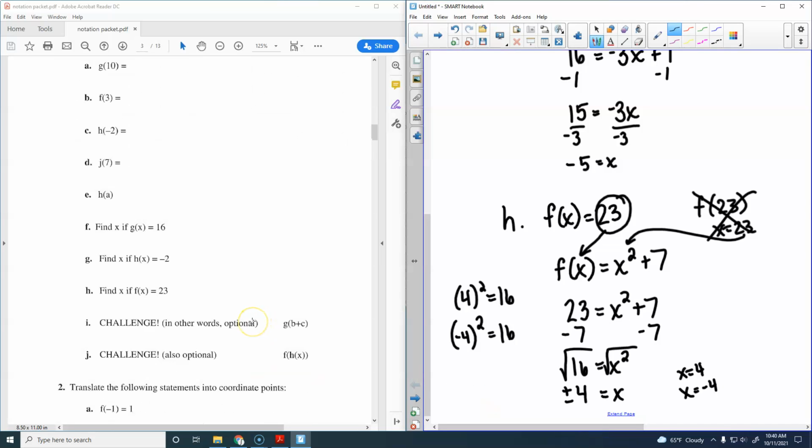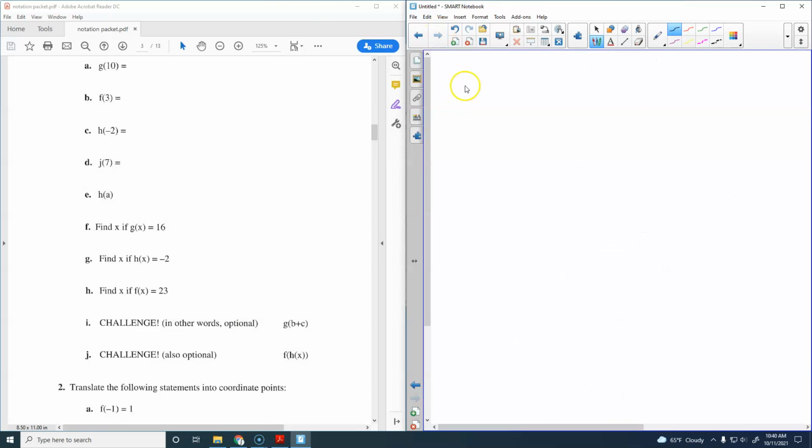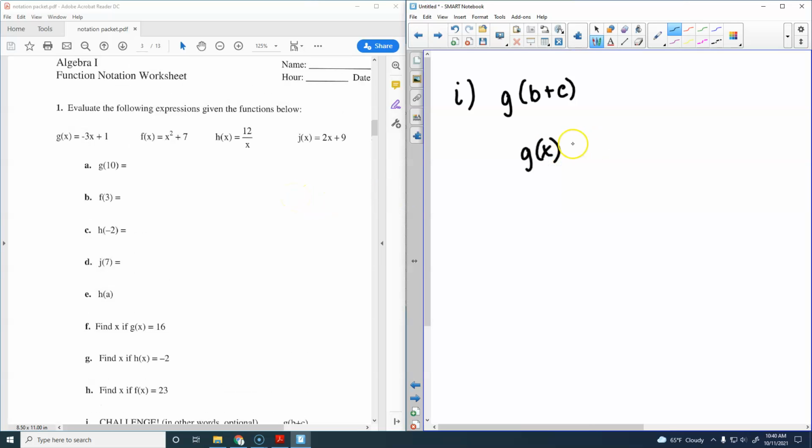Okay. All right, let's look at I. I asks us for g of b plus c. So g of x, let's look back up here. g of x is -3x plus 1.